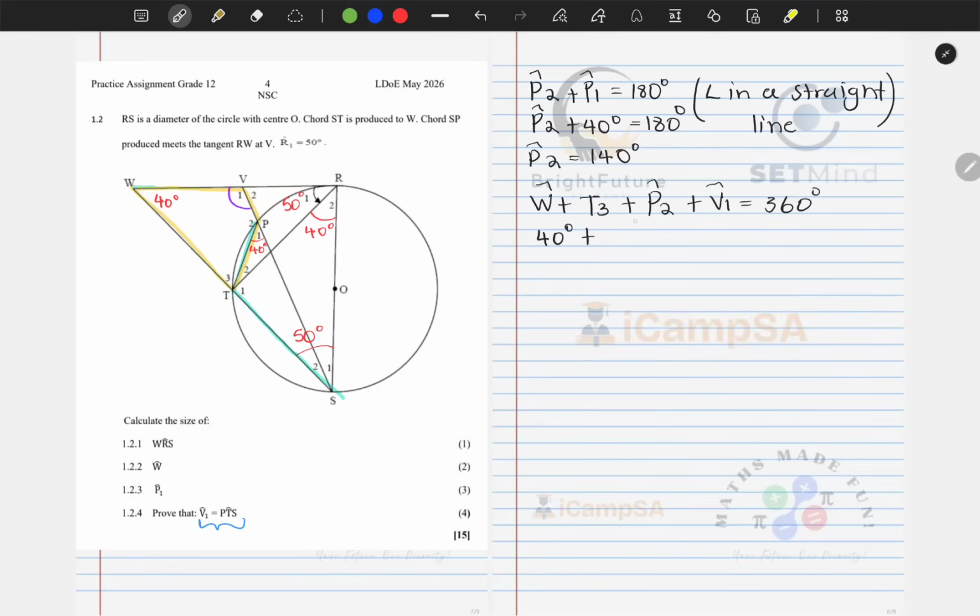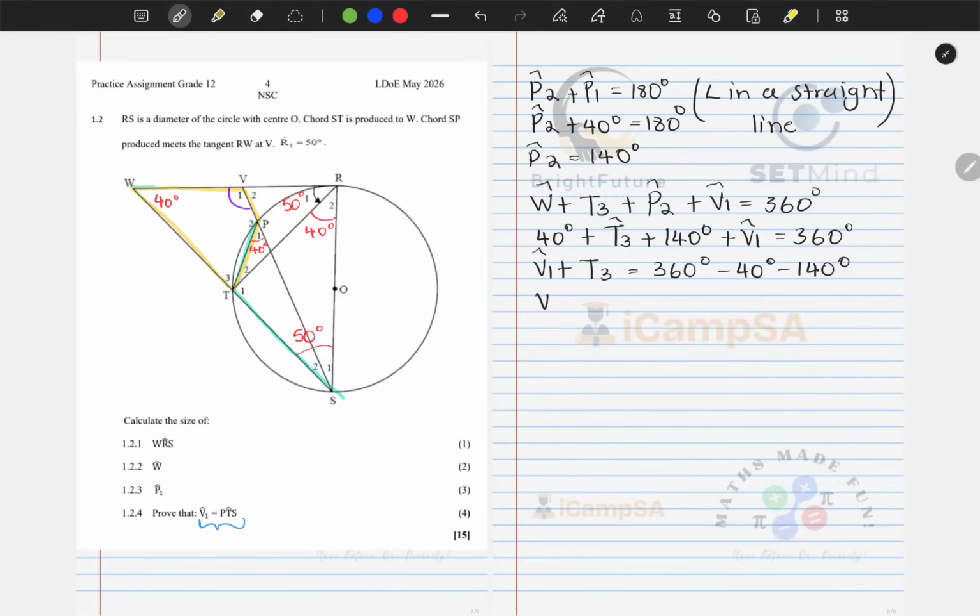Angle T3, we don't know, we leave it as T3. Plus angle P2, we know that's 140 degrees. Plus V1, we don't know, that equals 360. So 40 plus 140 sums up to 280. Then we'll be left with V1 plus T3 equals 360 minus 40 degrees and then minus 140 degrees.